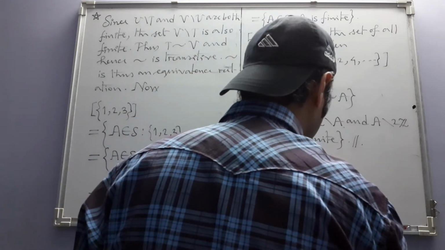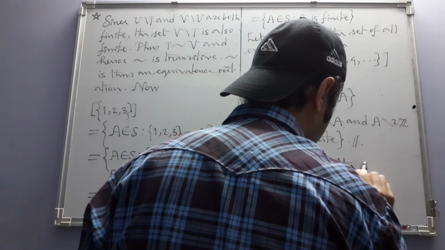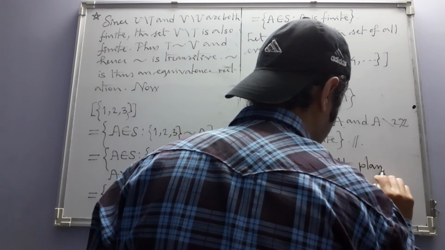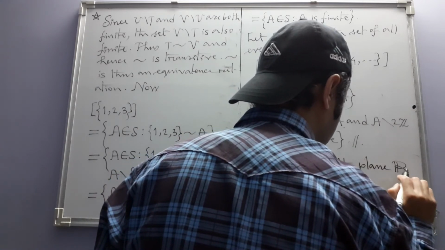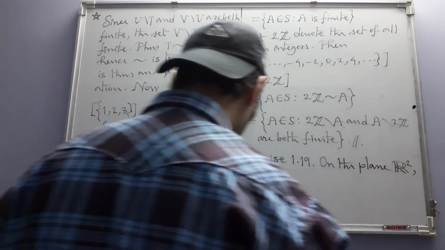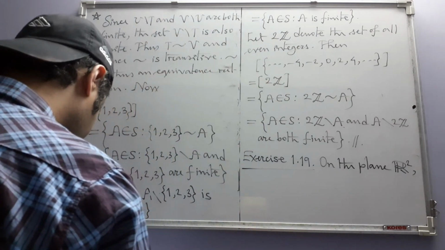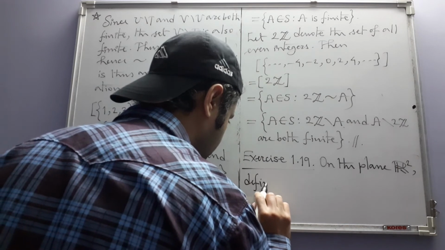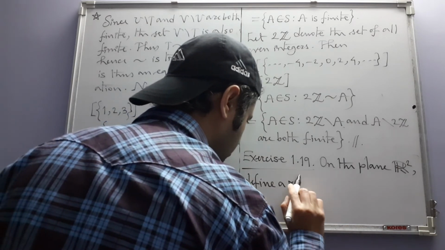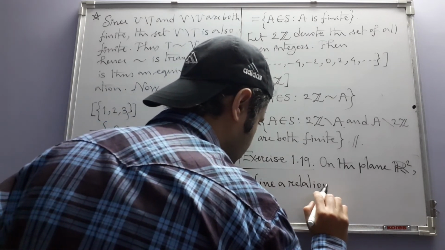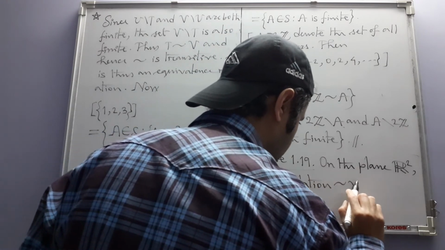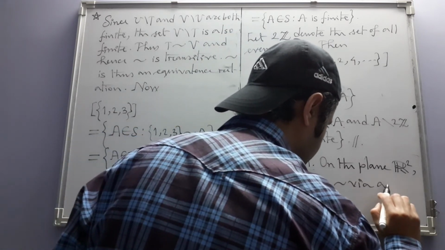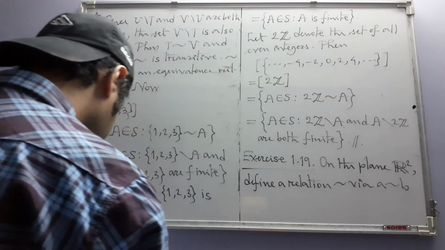On the plane, R2, define a relation via this rule: a is related to b.